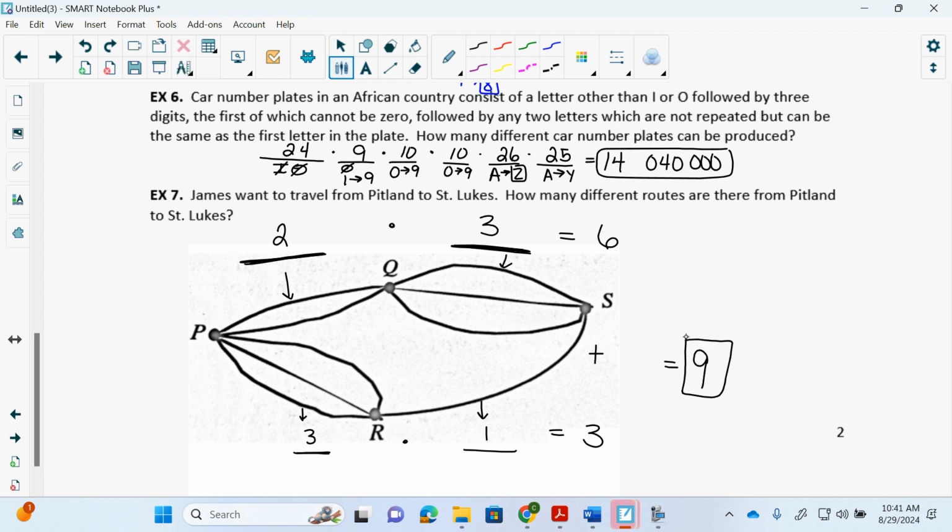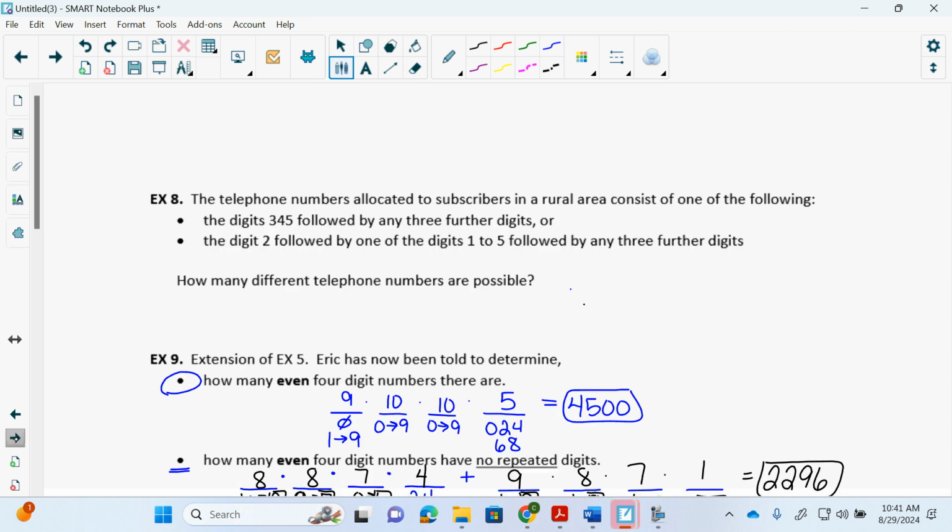Then we're going to flip over. So this next one says the telephone numbers allocated to subscribers in a rural area consist of one of the following.